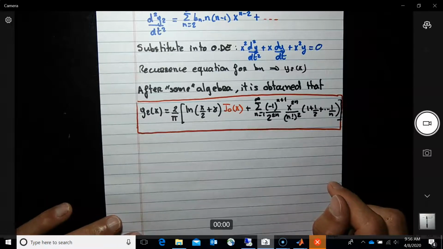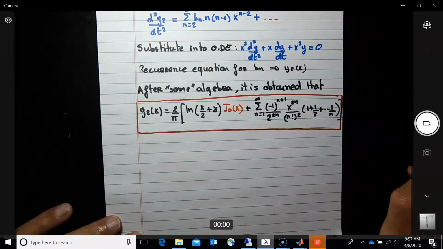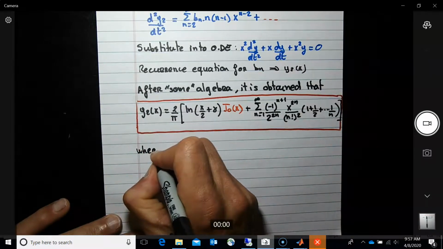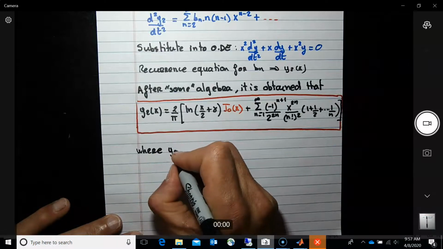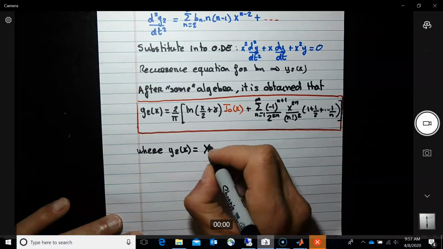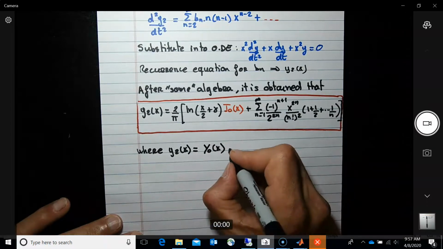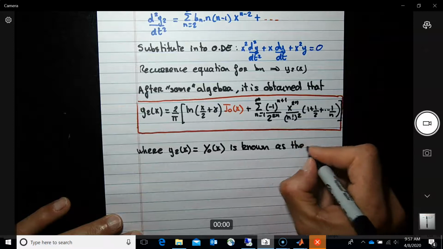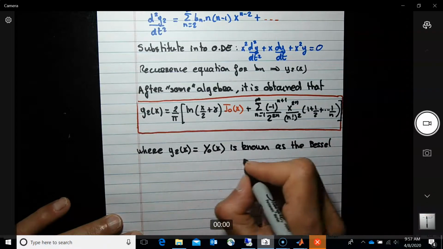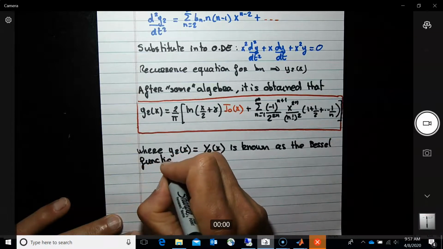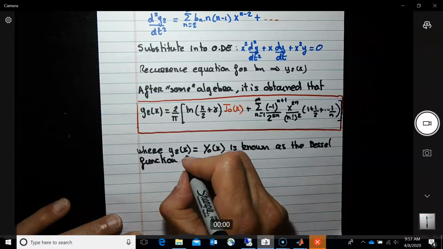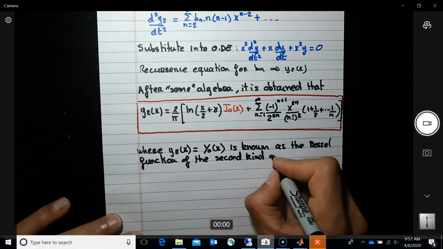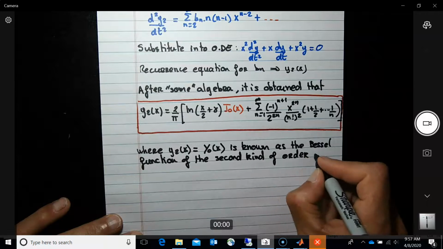Okay, so in this case we can say that y2 of x will be called capital Y0 of x, and it is known as the Bessel function of the second kind of order 0.